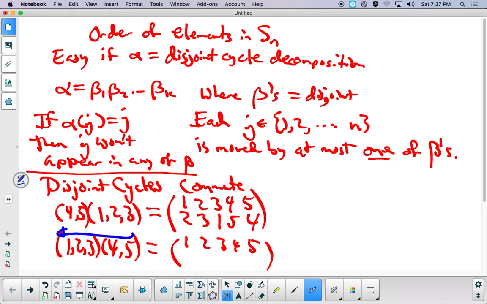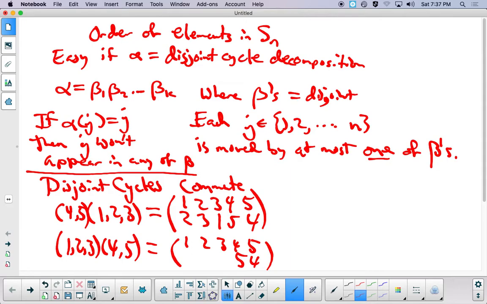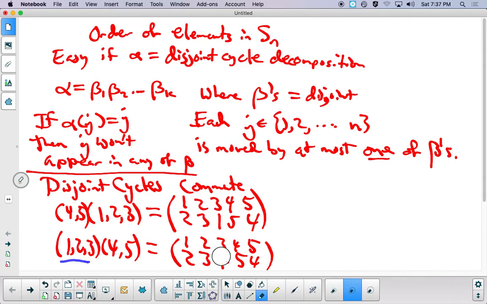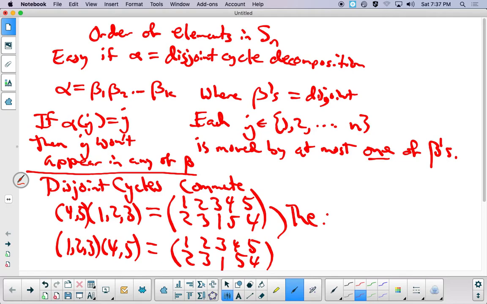So we start by looking at 4 goes to 5 and 5 goes to 4, and then we proceed on to this permutation, and that still gives us 1 goes to 2, 2 goes to 3, and 3 goes back to 1. And these two things are the same, so they are equal. So disjoint cycles commute.